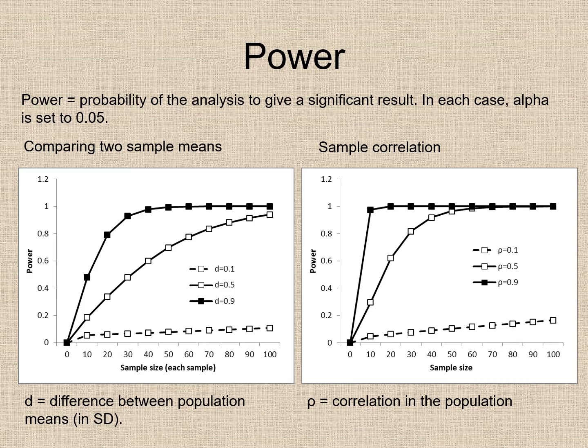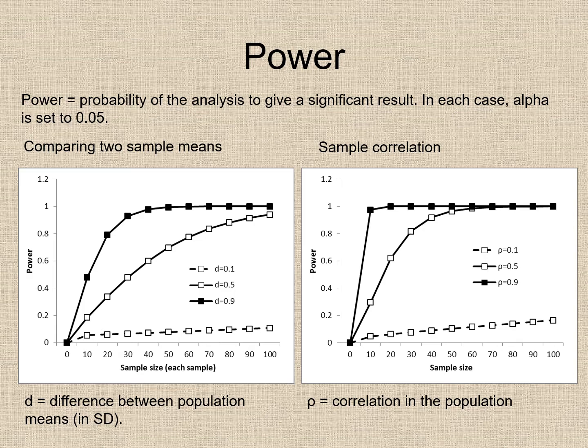If we have a very weak effect, so the true difference between population means is only 0.1 standard deviation, that is a weak effect. Then it's the lowest line here. We see that the power is very low. Even with quite large samples, with 100 individuals in each sample, the power is not more than 10%.